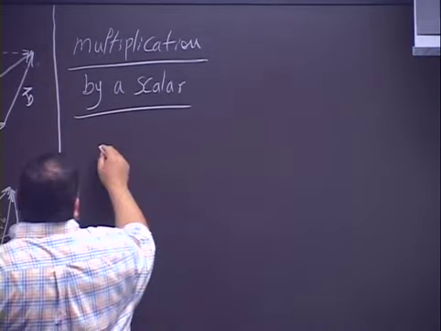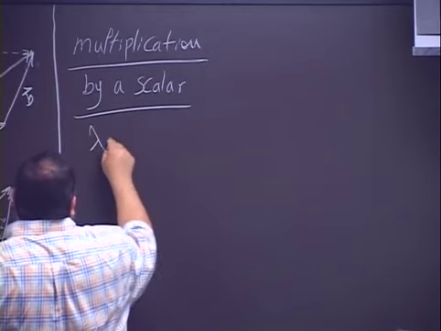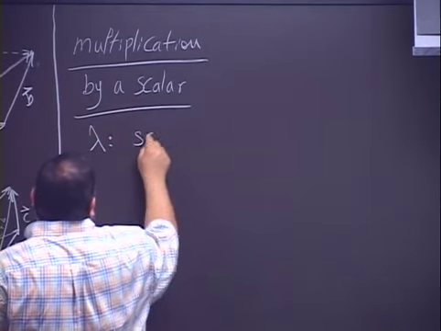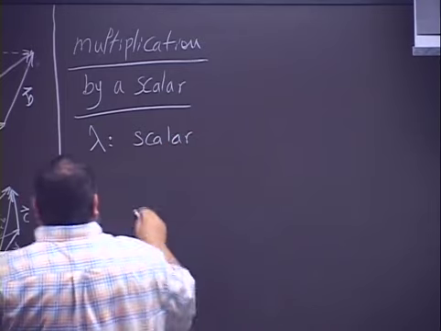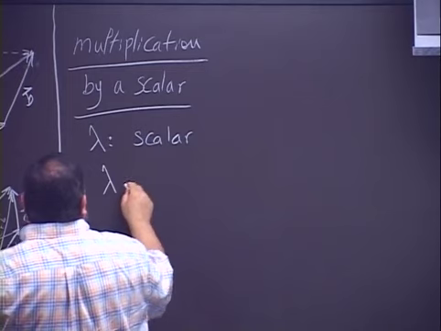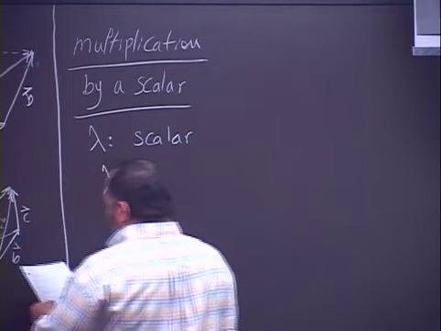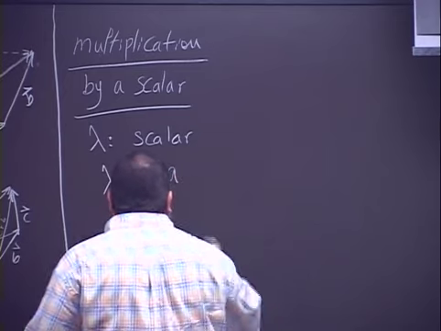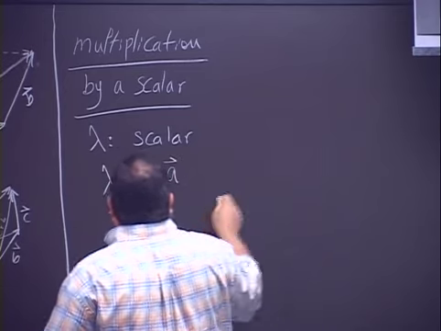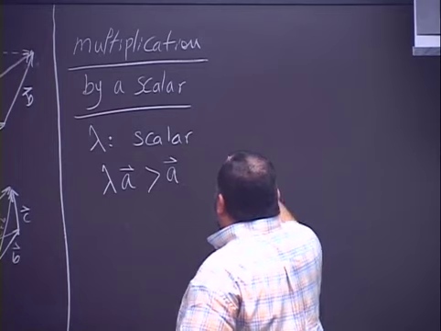So if we have lambda, and lambda is a scalar quantity, and lambda multiplied by vector A, in this case lambda will be greater than 1.